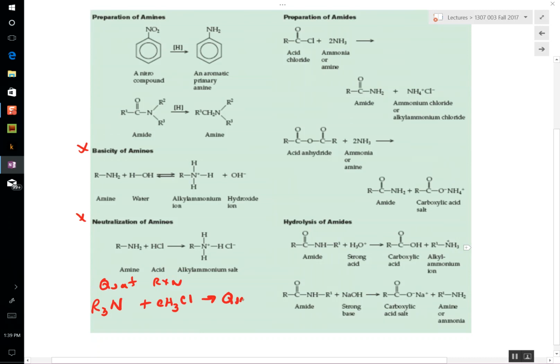It forms the quat salt. Is it always chloride, or can it be any halogen? It could be any halogen. It could be methyl bromide, but it usually would be chloride. For anything biologically active, you probably wouldn't want anything else in there.